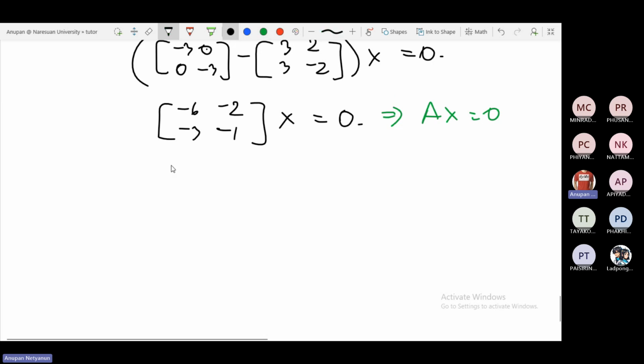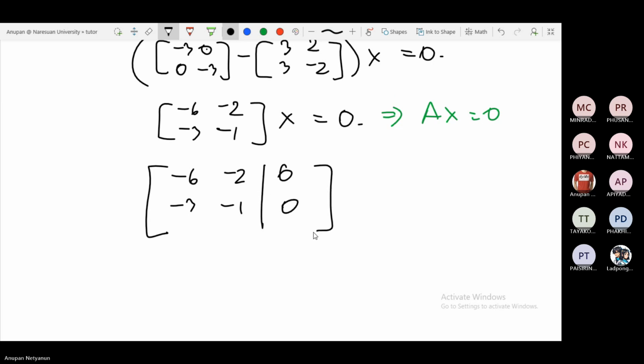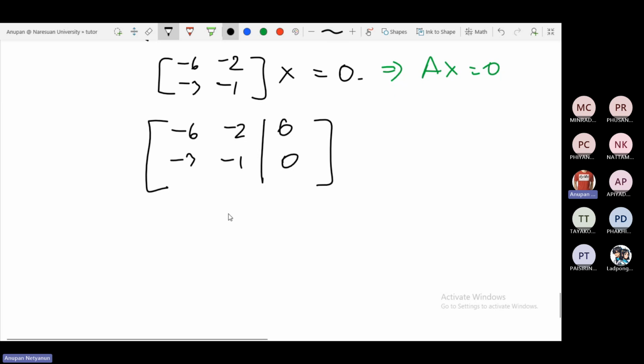What you do, remember, is write the matrix, then 0, 0, and then using row operations, reduce this into the row reduced echelon form. What you have is 1, 1/3, 0, 0.